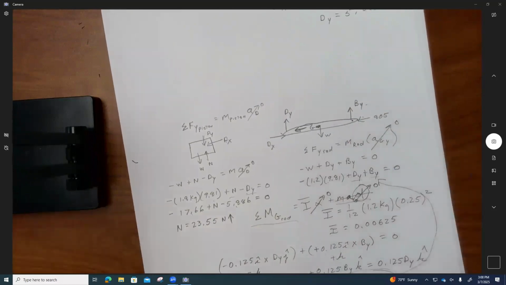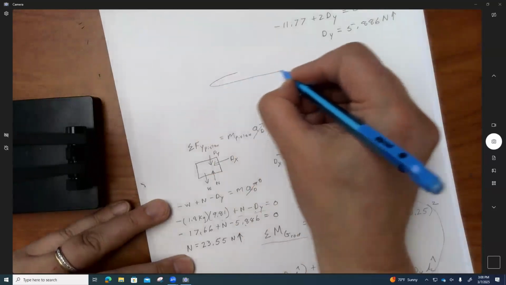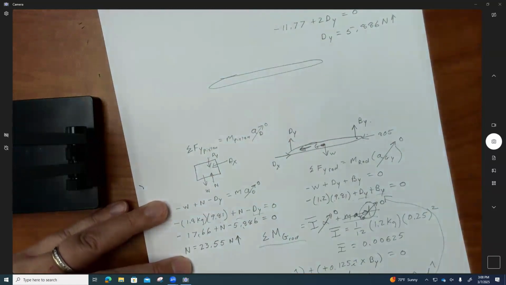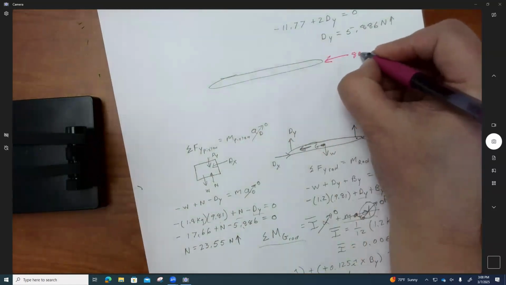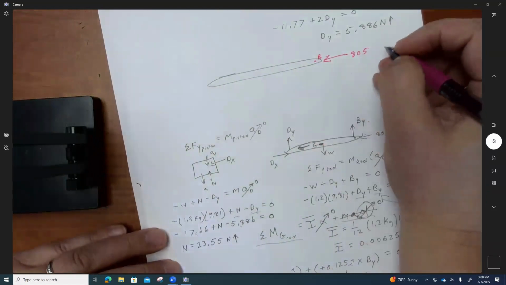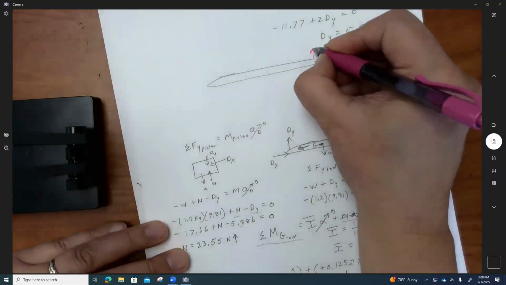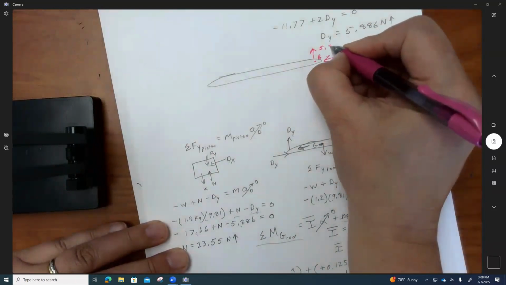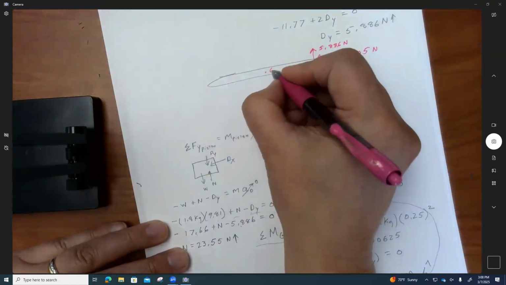Okay. So if we were going to be particular, our final answer would end up being 805 for our Bx newtons, and we would be going up 5.886 newtons, and we have our center of mass.